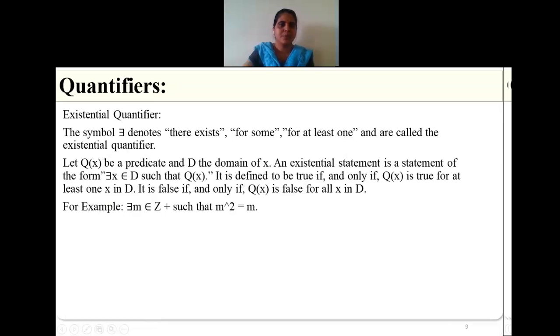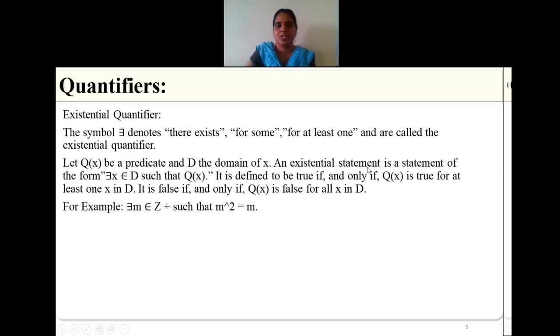Next, the second type of quantifier is the existential quantifier, represented with this symbol ∃, and you can read it as there exists, which represents words like there exists, for some, for at least one. These are called existential quantifiers. Let Q(x) be a predicate and D the domain of x.